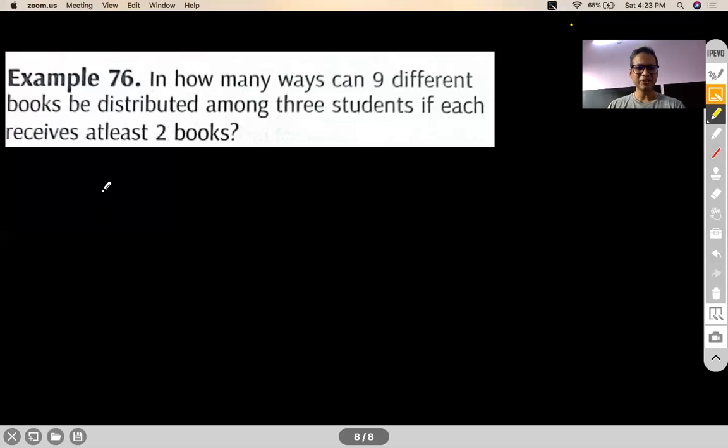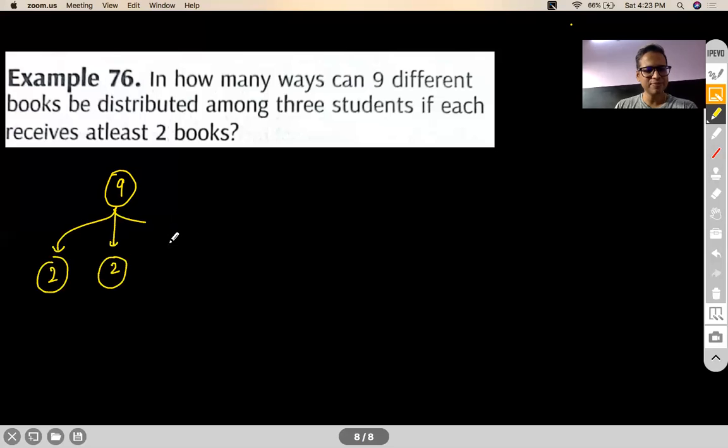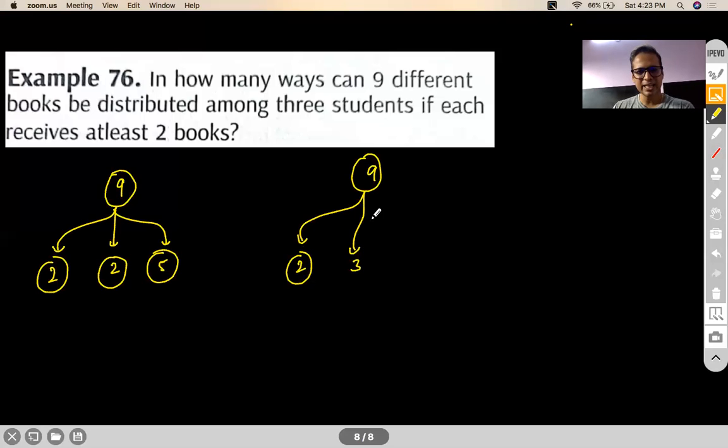Okay. So here, the following cases can be built up. Since you want 2, 2, 2 to go to everybody, I can have 2, 2, and 5. That's one possibility. Or I could have 2, 3, and 4.